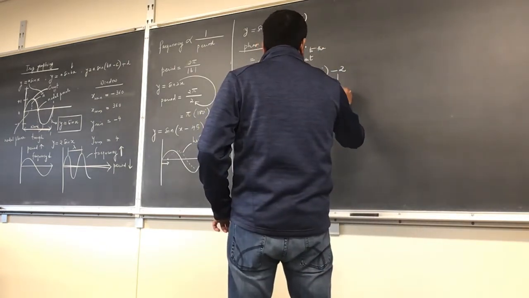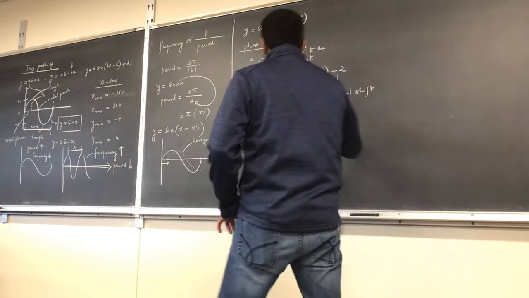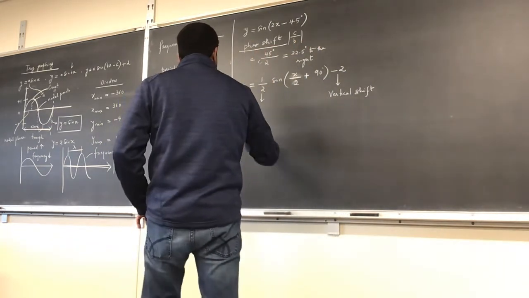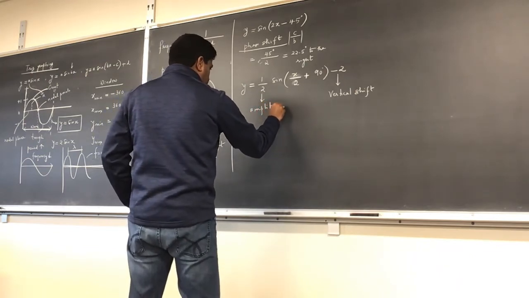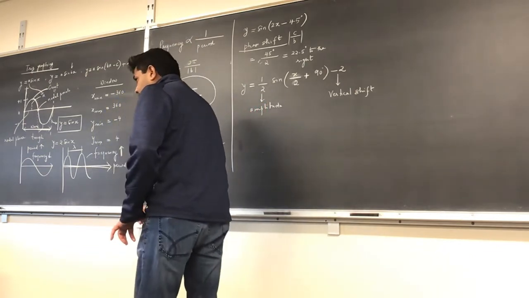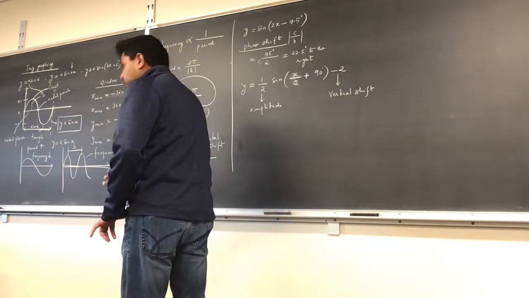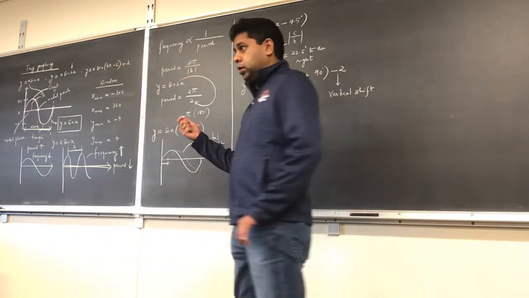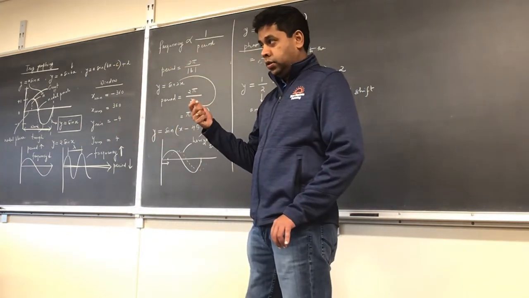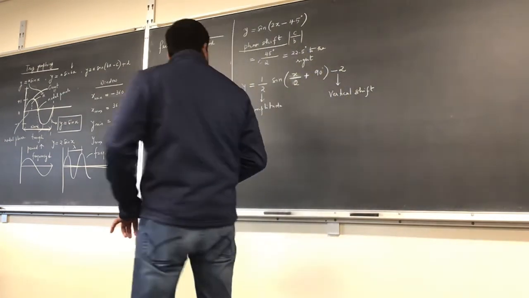Down 2, a vertical shift, which is down 2. You guys know that. What is this called? Amplitude. What does amplitude measure? Distance, right? So can amplitude be negative? No, amplitude measures distance, and distance is always positive.